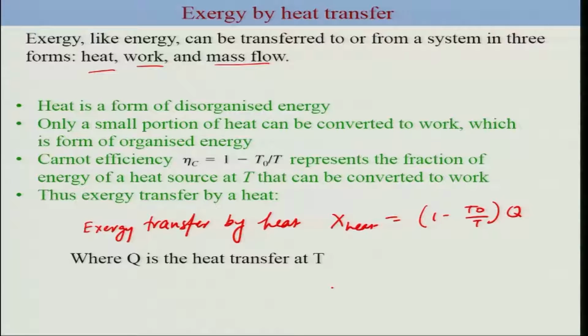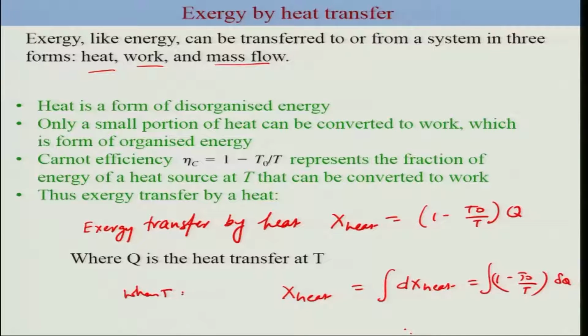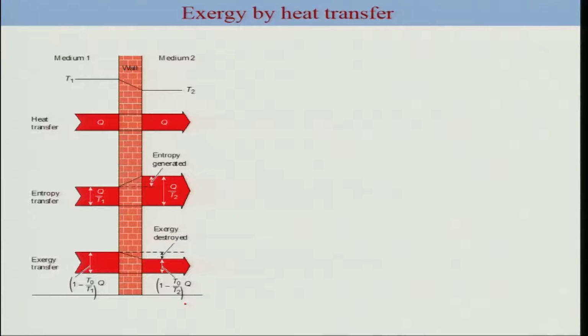When T is not constant, we can consider X heat as the integral of dX heat, or in other words, the integral of 1 minus T0 by T times delta Q. So that is for when T is not constant.